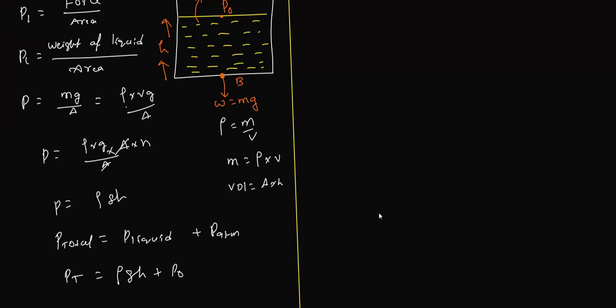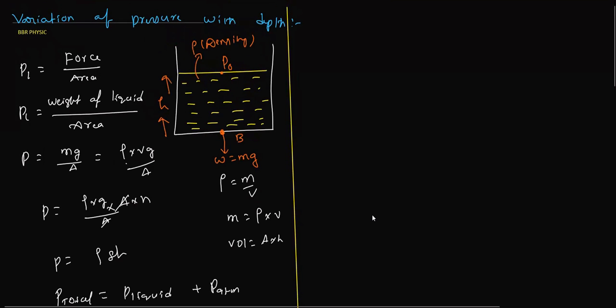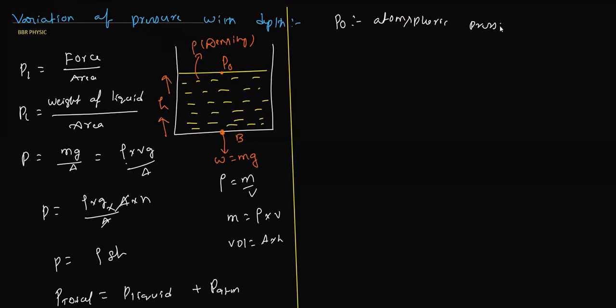And what is P naught here? P naught is nothing but atmospheric pressure. According to NCERT, the value is 101.3 into 10 raised to 3 pascals. If you approximate, P naught equals 1.013 into 10 raised to 5 pascals.